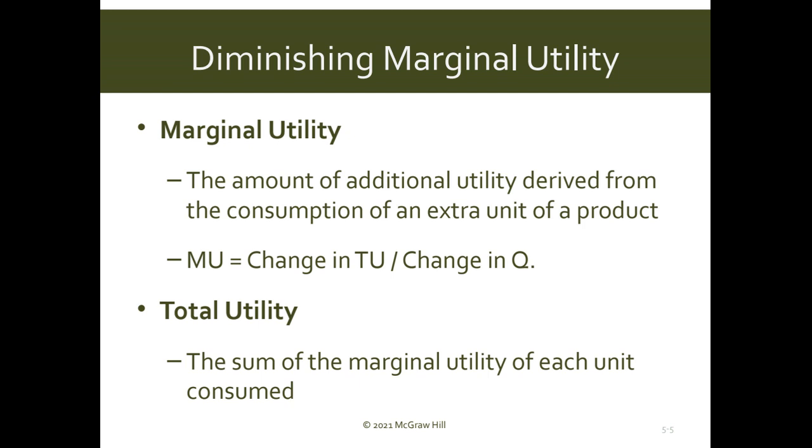Remember, I am not saying that marginal utility is additional utility derived from the consumption of 500 units. No, I'm just saying for an extra unit. That is important, just 1 unit. What is your increase in utility? That is your marginal utility.